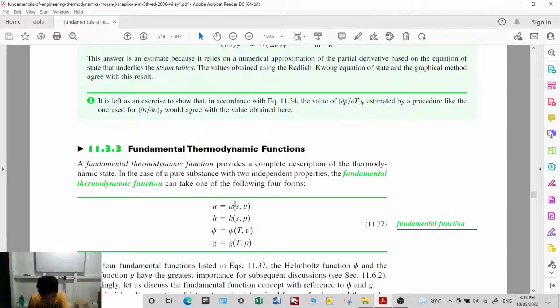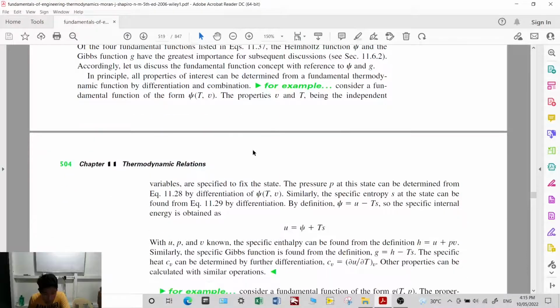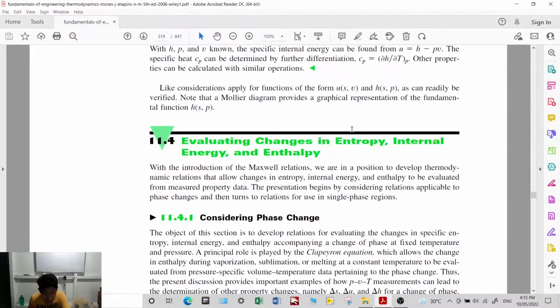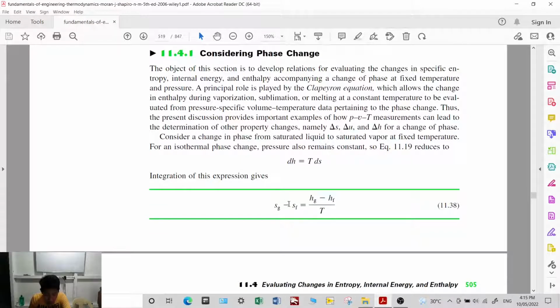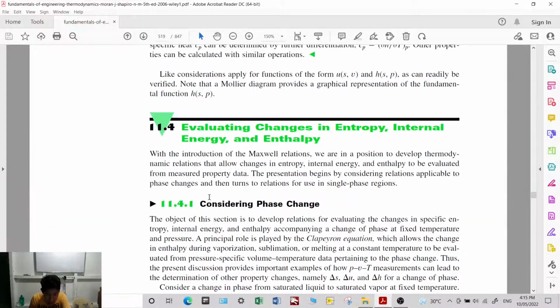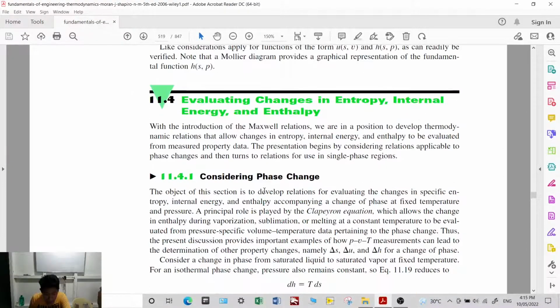So this is what we will do now. Again, these are the properties we will use. First, we will get the equation for the change in entropy and change in internal energy of a substance that undergoes phase change.